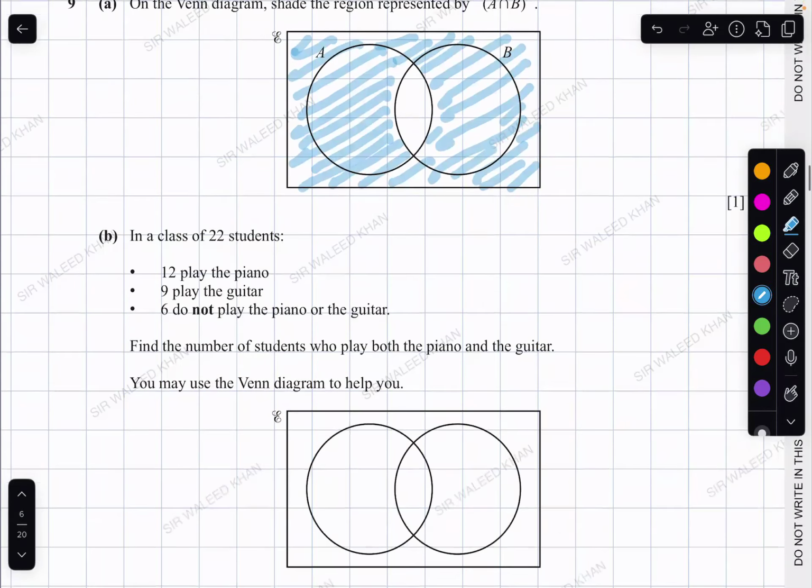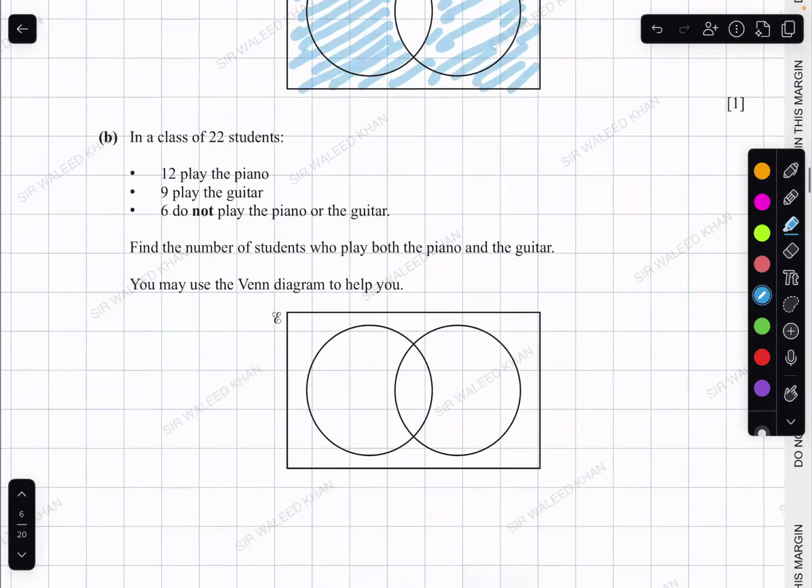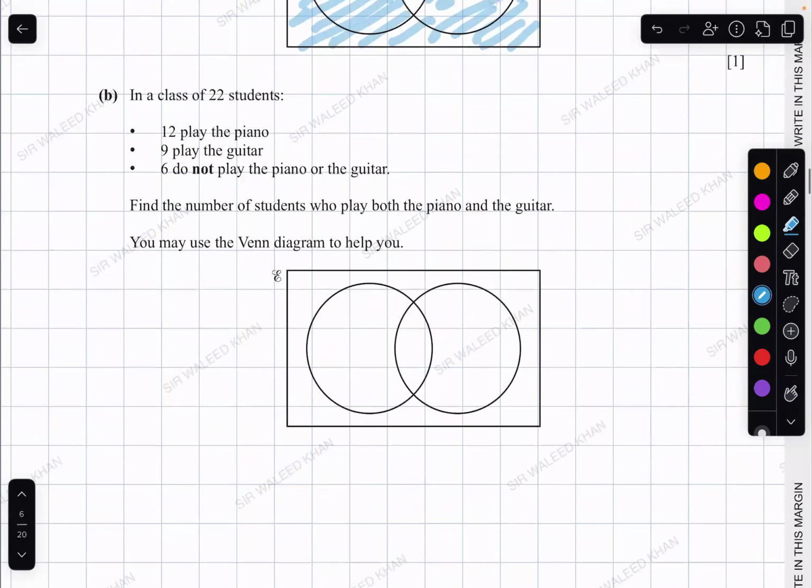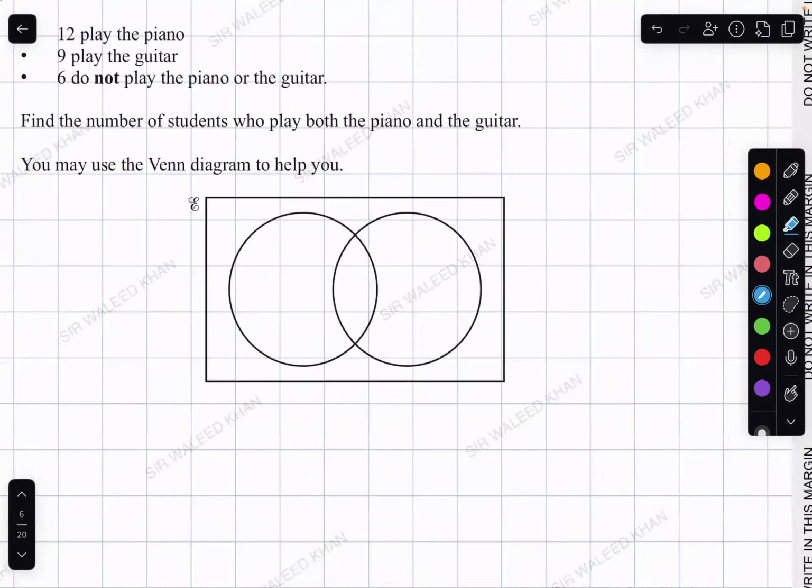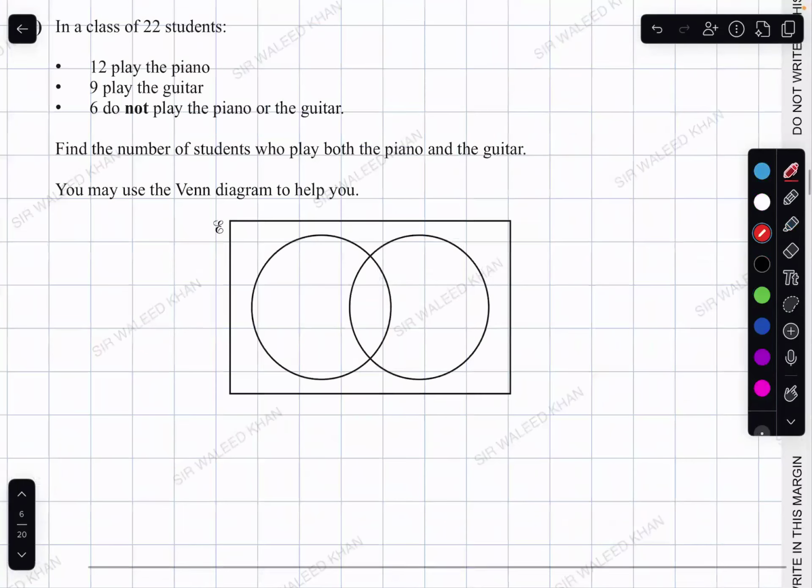Yes. Okay, next, in a class, 22 students, 12 play piano, 9 play guitar, 6 do not play piano or guitar. So find the number of students who play both the piano and the guitar. You may use the Venn diagram to help you. It's better to use a Venn diagram.